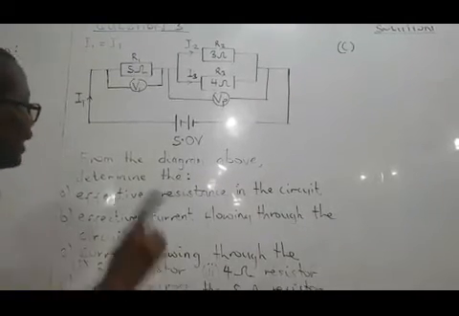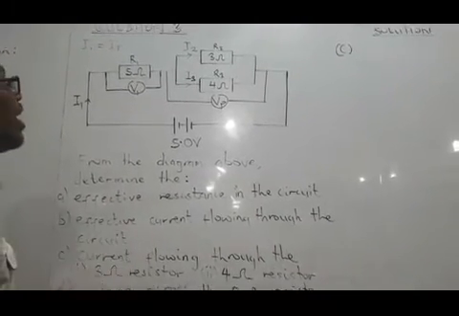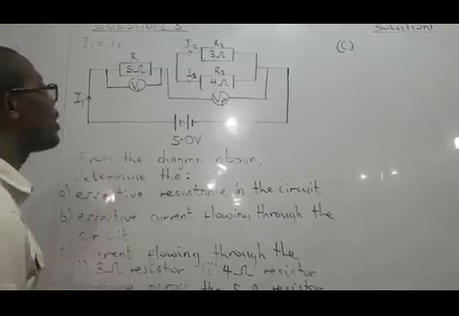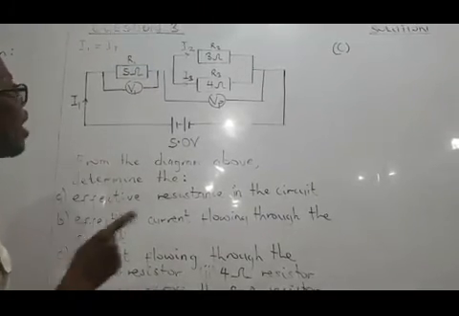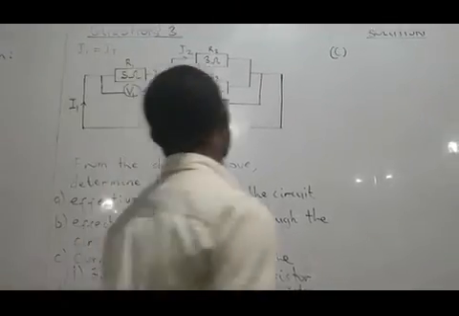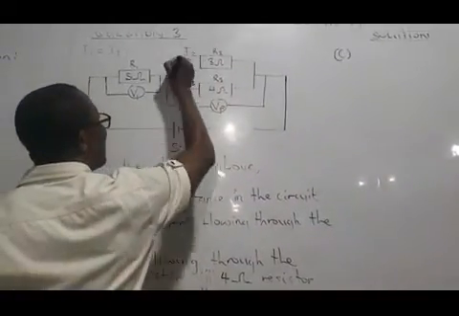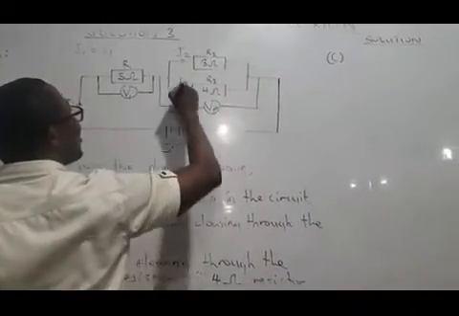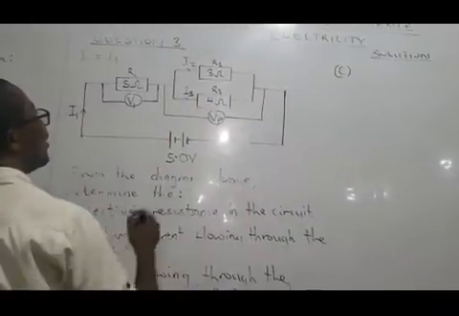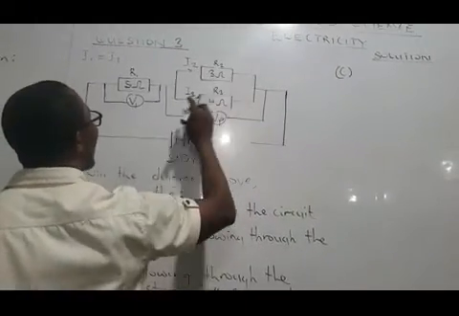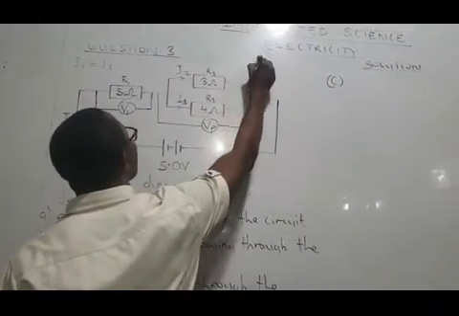So the first thing you've got to do over here is to determine the voltage across the parallel resistors. We've also already determined the total resistance here. So the total resistance there, that's for R2 and R3, is what we are calling Rp.